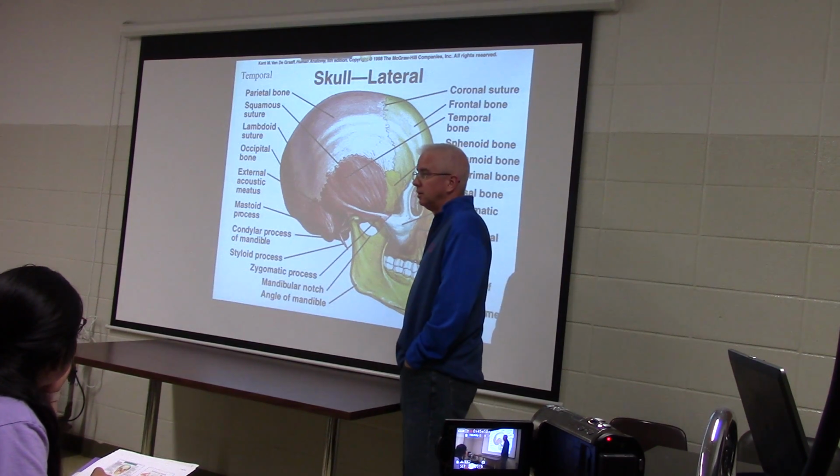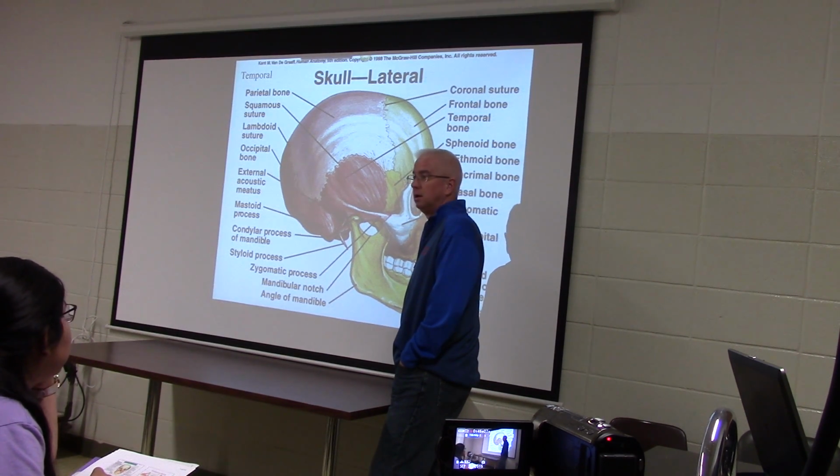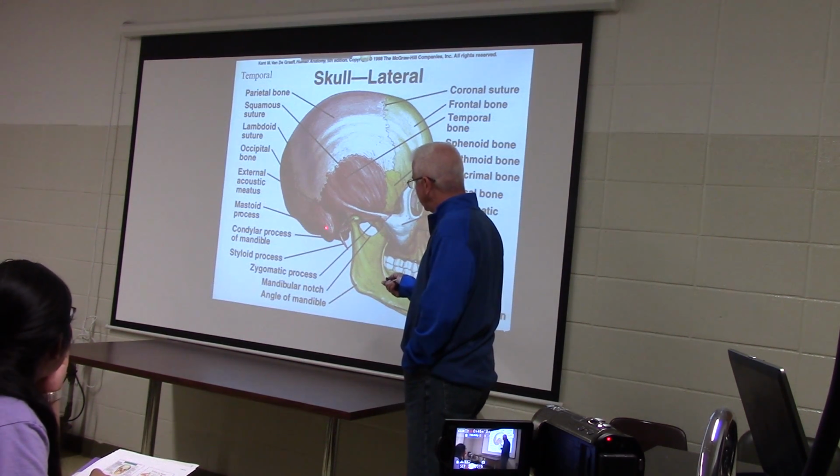In fact, you have already learned about an important muscle attached to the mastoid process in the laboratory. It's the first one on the list, isn't it? What's it called? The sternocleidomastoid, or the sternomastoid, attached to that process. Attached to the manubrium and to the mastoid process.